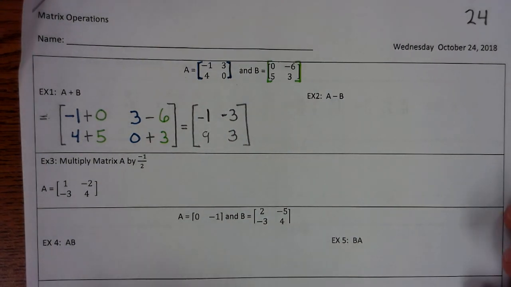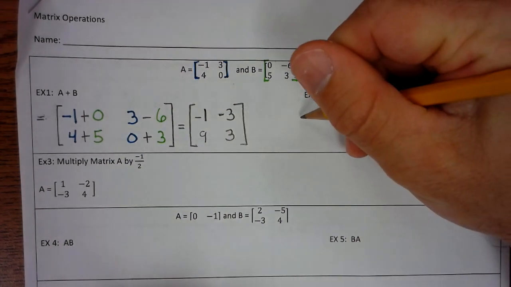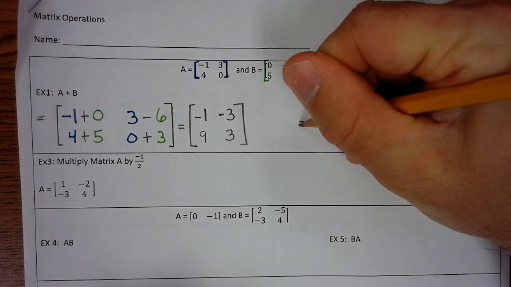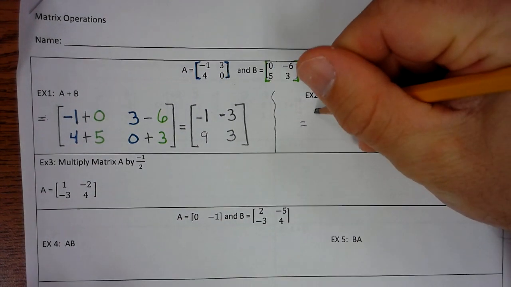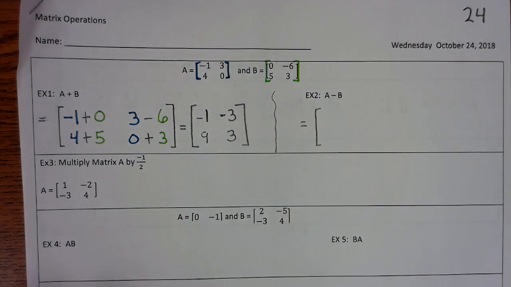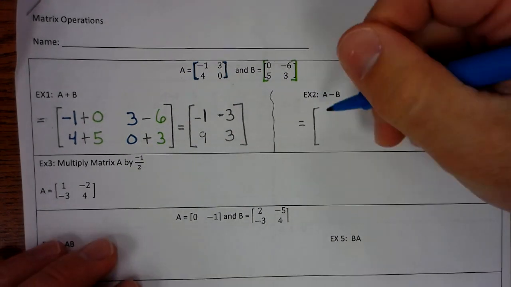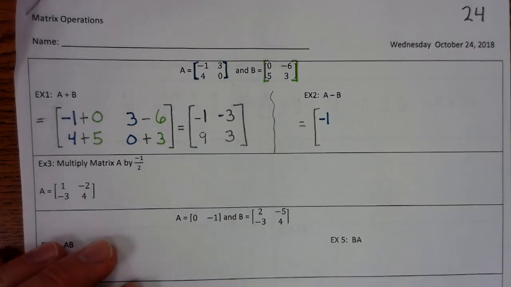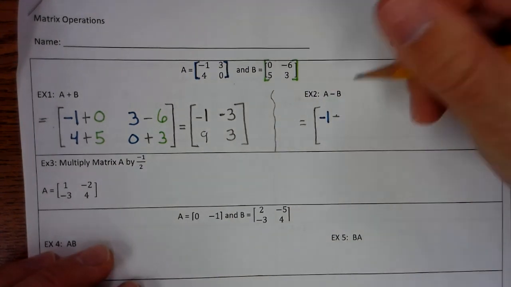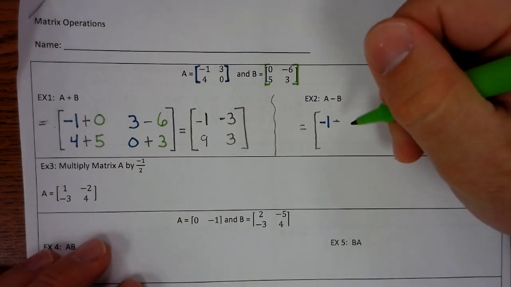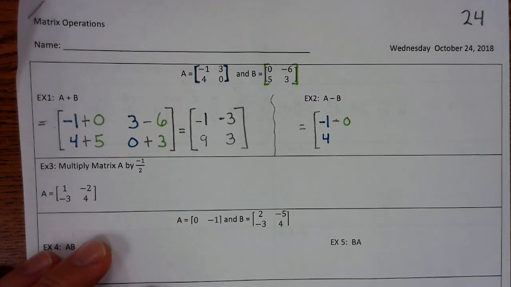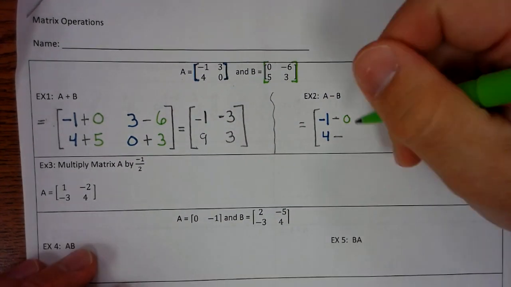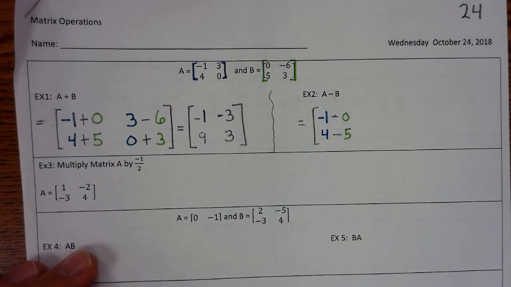All right, now let's do A minus B. So that's going to be -1 minus 0, 4 minus 5, 3.